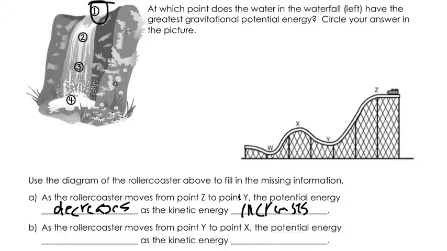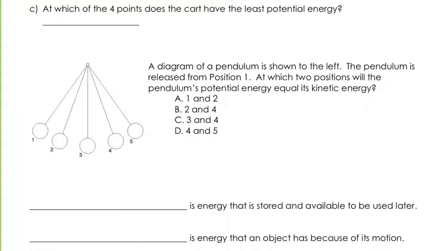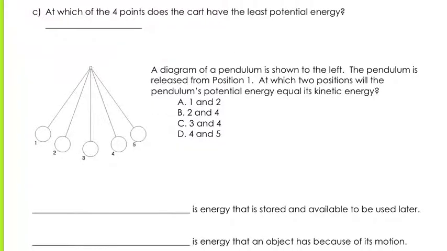As a roller coaster moves from point Y to point X, the potential energy is going to increase as the kinetic energy decreases. At which of the 4 points does the cart have the least potential energy? You're looking for the one that is lowest, so that's point W.